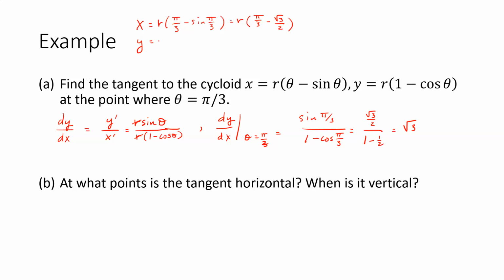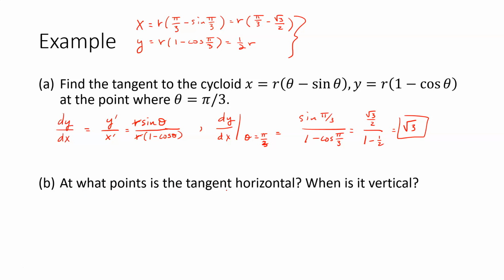And then y would be r times (1 minus cosine of pi over 3). Okay. So with a slope of radical 3 and then a point that passes through these x and y coordinates, you can get the Cartesian equation. But here we just want the slope.